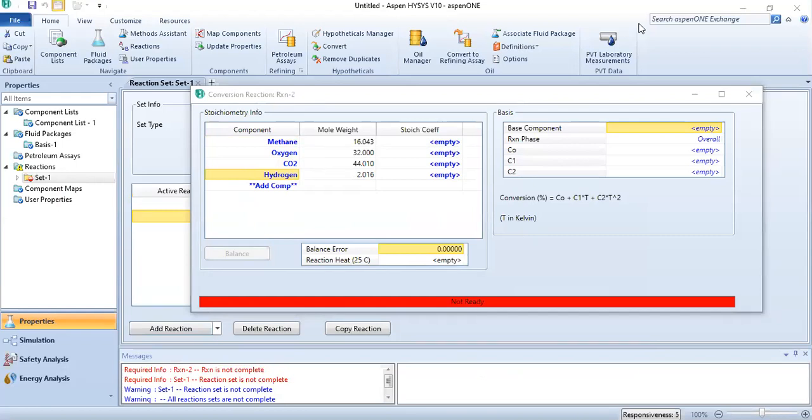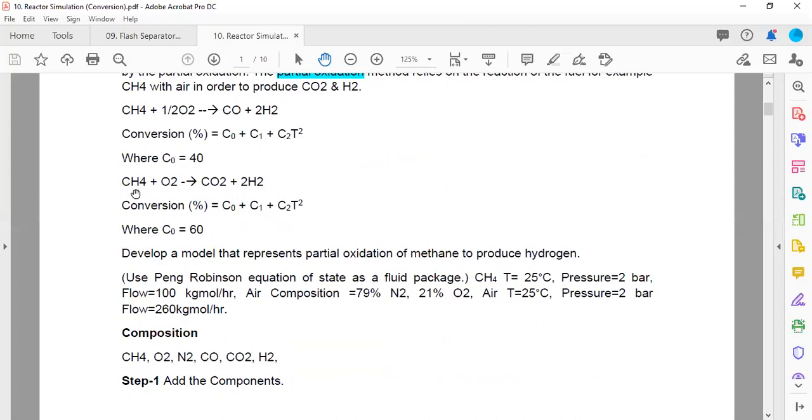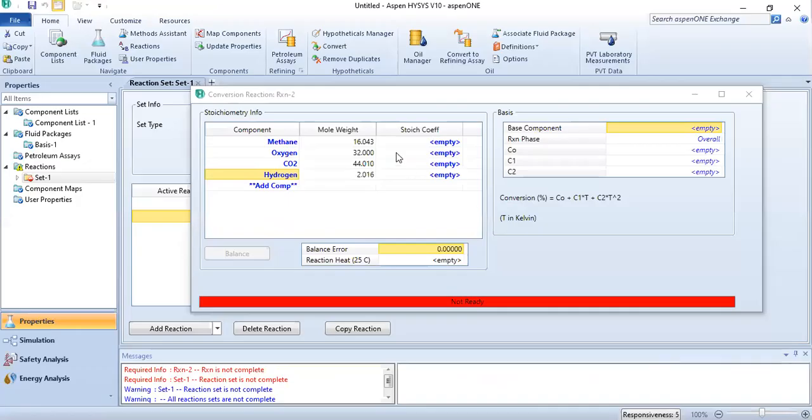For this reaction, we have stoichiometric coefficients: methane -1, oxygen -1, CO2 1, then hydrogen 2.